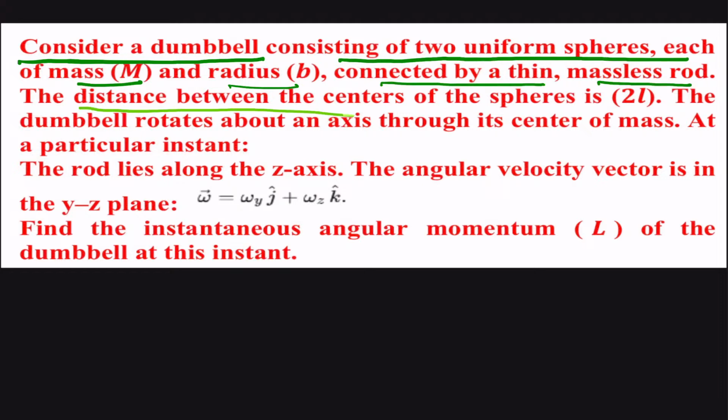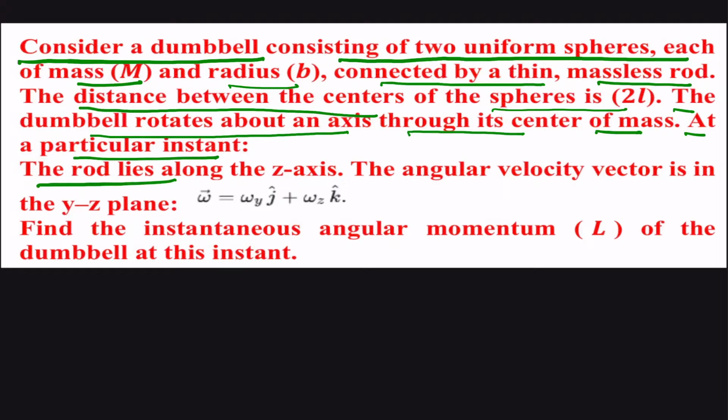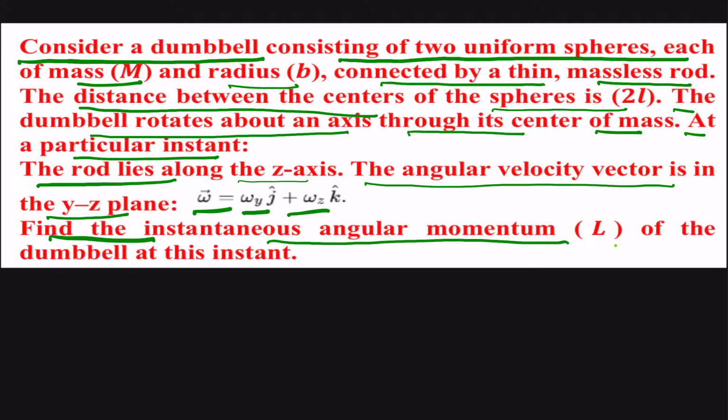The distance between the centers of the spheres is 2L. The dumbbell rotates about an axis through its center of mass. At a particular instant, the rod lies along the z axis. The angular velocity vector in the yz plane is given as omega equal to omega y j unit vector plus omega z k unit vector. Find the instantaneous angular momentum L of the dumbbell at that instant.